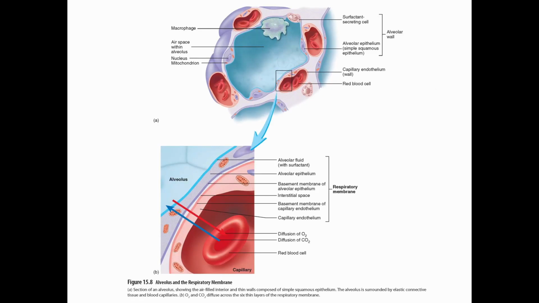Okay, so this respiratory membrane is very important in our alveoli because this will facilitate the movement of gases. The other side needs to be vascularized so that blood can flow, and the thickness should be just right so that gases can penetrate the layer.